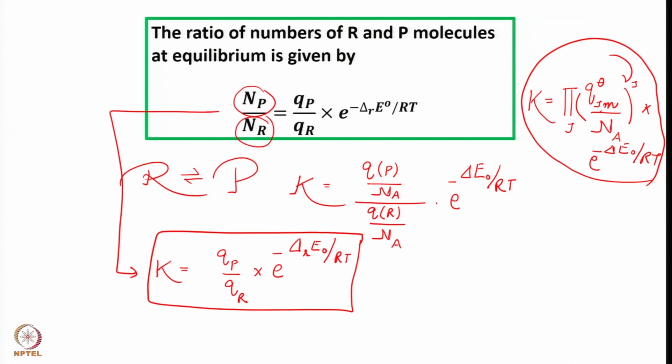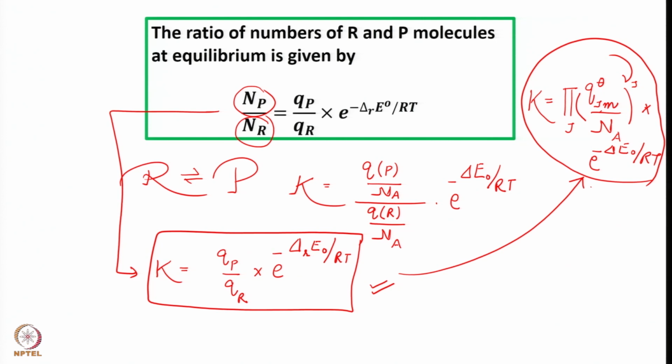If I can find that expression, then I can derive this expression that Np by Nr is equal to Qp by Qr into exponential minus delta R E naught by RT. Alright, so this is the same expression which you get by using the result that we have obtained a few lectures ago.